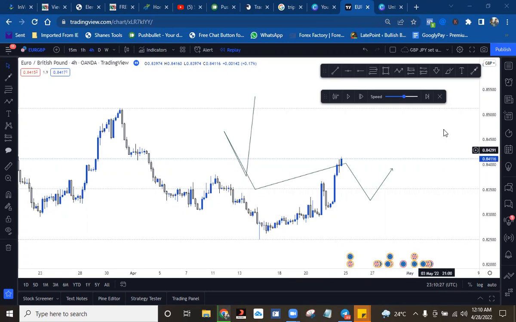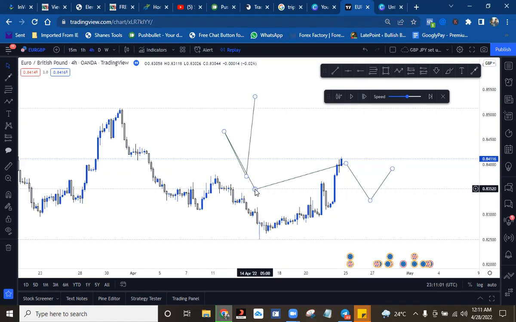Because if you log in on both, any analysis you make on your PC will reflect on your phone automatically. Like this drawing I drew here right now, if I open TradingView on my phone, I'm going to see this exact drawing. That's the awesomeness of TradingView. Unlike MT5, where if you analyze on your PC, your MT5 on your phone is just there looking at you. So that's one interesting thing about TradingView.